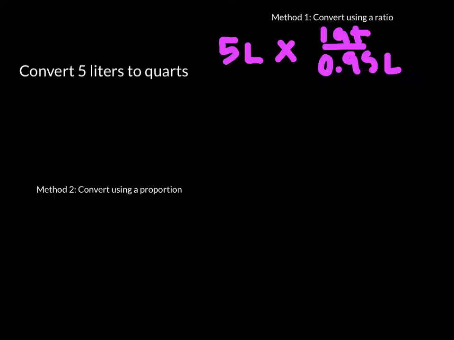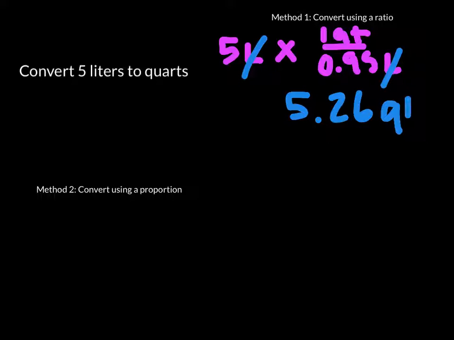Since we're multiplying, our liters will cancel out, and we would just be multiplying 5 times 1 over 0.95, and that would equal 5.26. Since we crossed out liters, all that's left is quarts. So the answer is 5.26 quarts. So 5 liters turns into 5.26 quarts.